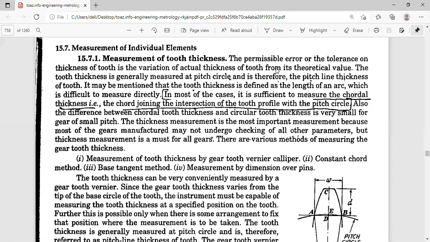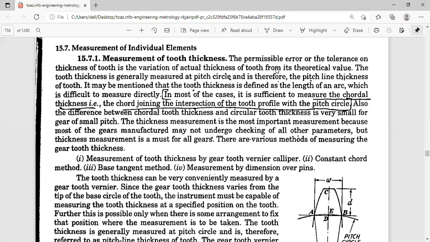We have to check the constancy of the gear, the gear tooth thickness, the tooth to tooth composite error and the total composite error. Totally 9 parameters. But each and every parameter has its own importance. If 8 parameters out of 9 are good and 1 parameter is not good, we have to reject the gear which we have manufactured.